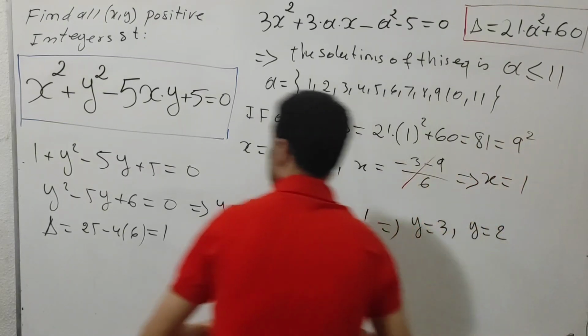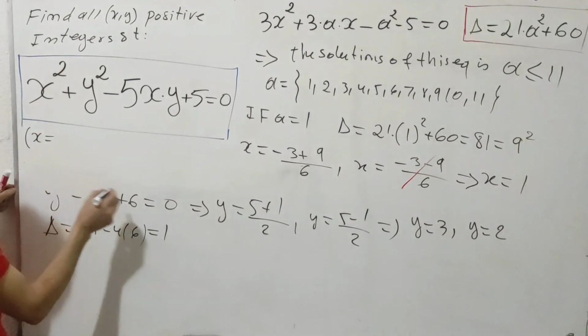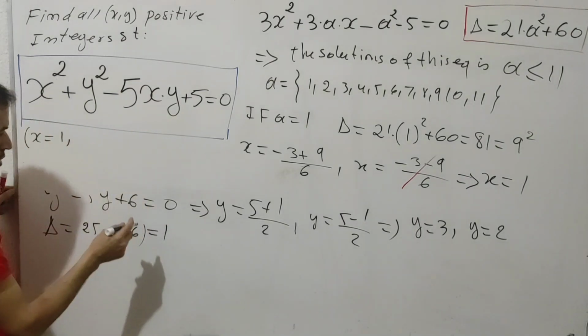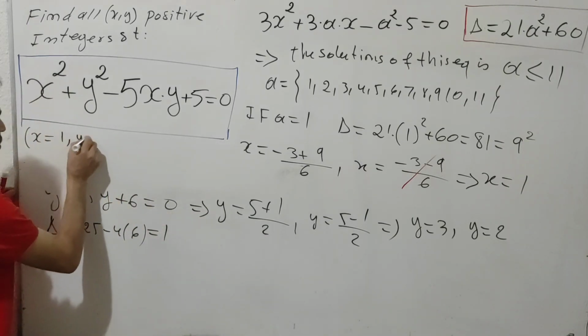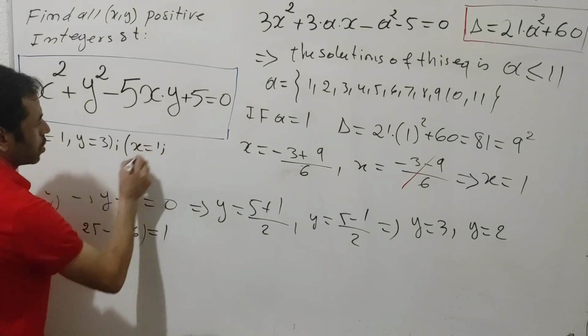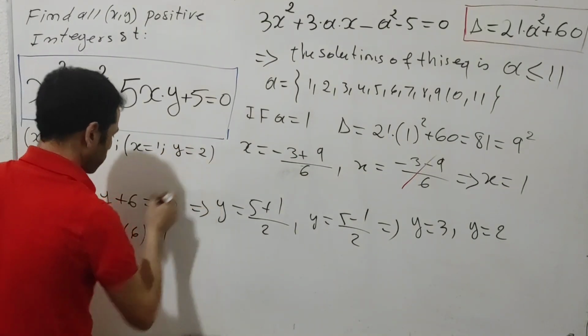So I will have two solutions here. The first solution is x equals 1 and y equals 3, and the second solution is x equals 1 and y equals 2.